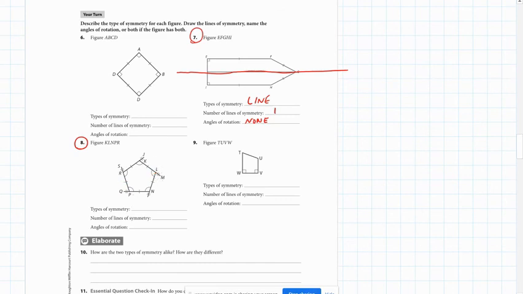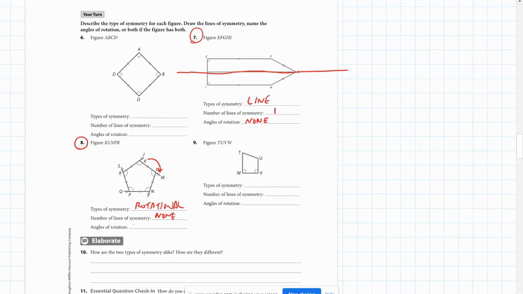And so there's no line symmetry, but if you turn this figure clockwise or counterclockwise, the tails point in the same direction, so they all match up as you turn them. So it only has rotational symmetry. There's no line symmetry.